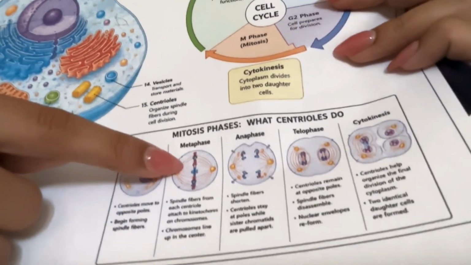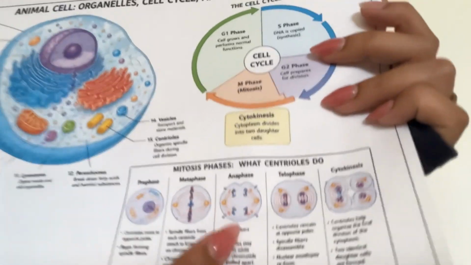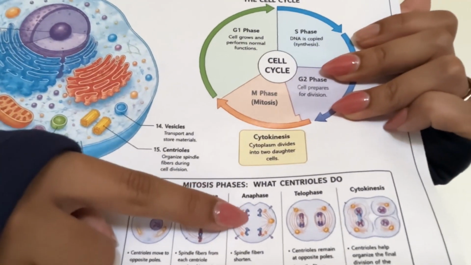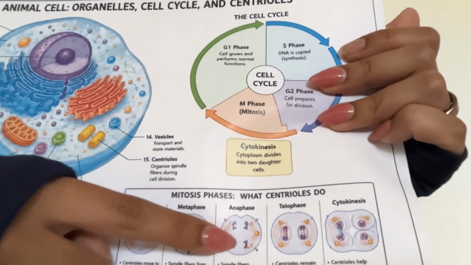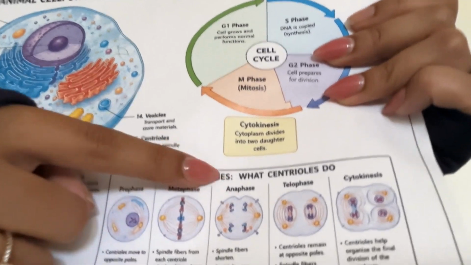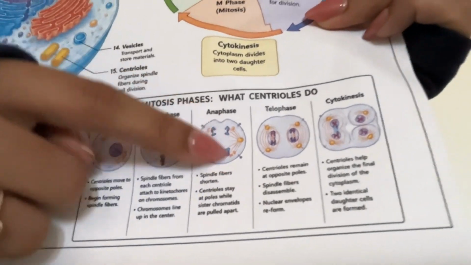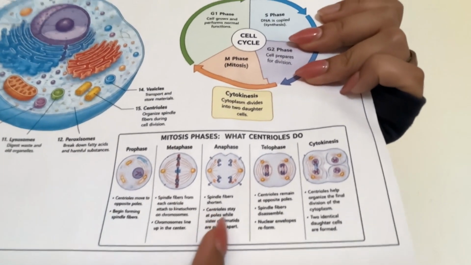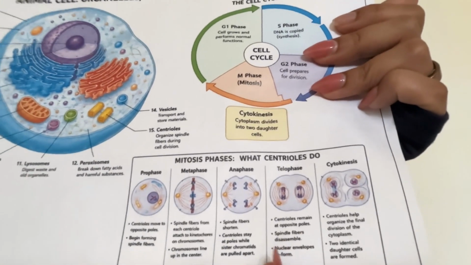Moving from metaphase, we have the anaphase, in which the spiral fibers pull the sister chromatids apart. As you can see in the picture, they are separated. They are no longer aligned together like in the metaphase. In anaphase, they're all separated to opposite poles.